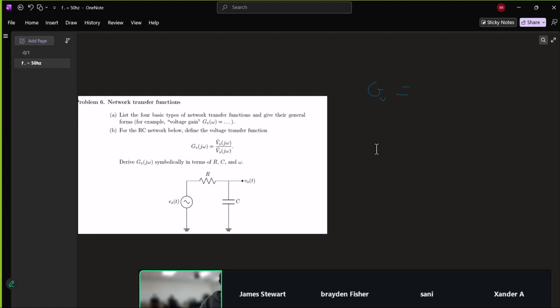So GV, your voltage transfer function, which is voltage gain, is V out over V in.